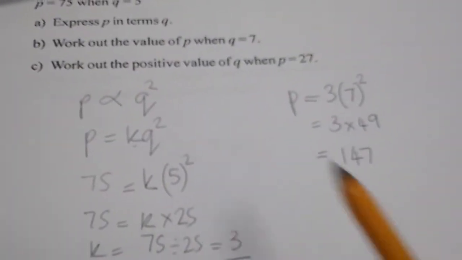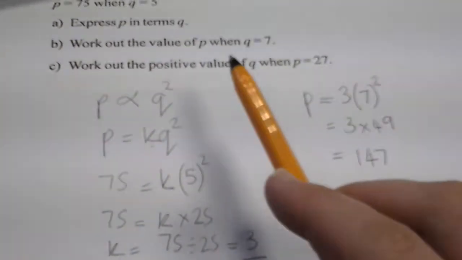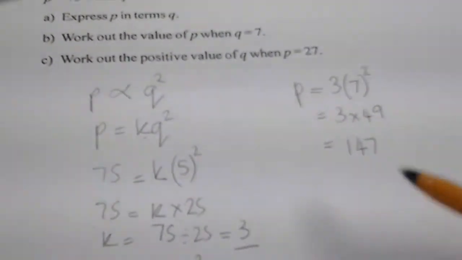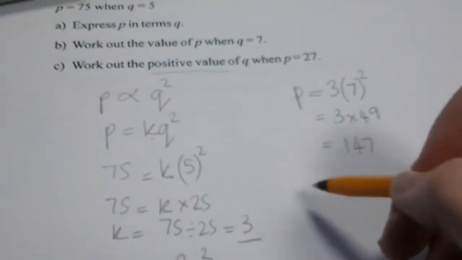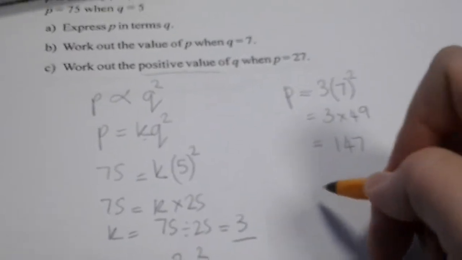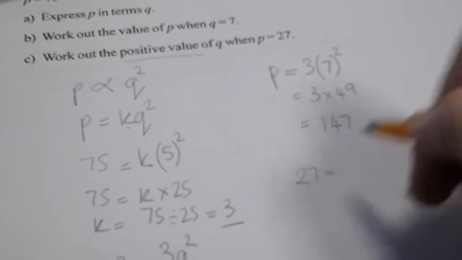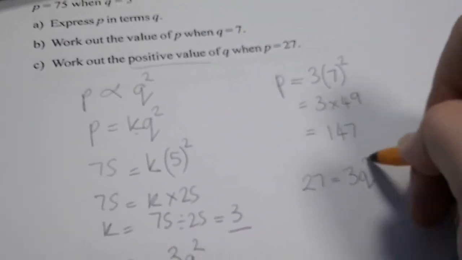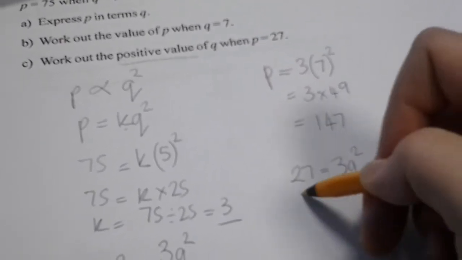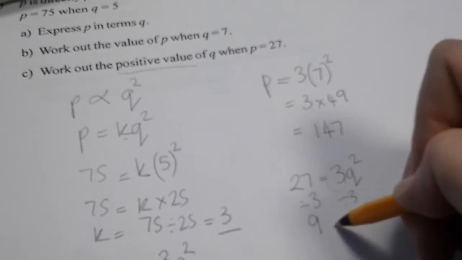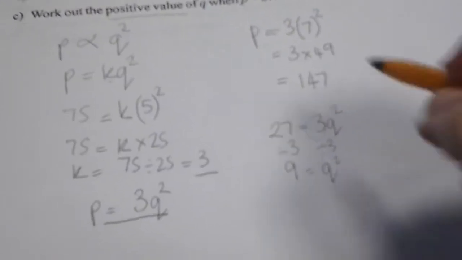And finally, for the last part, C, it says work out the positive value of q when p equals 27. Now this is quite an unusual phrasing, but we'll talk about that when we get there. So 27 is equal to 3q squared. So if I divide both sides by 3, I get 9 is equal to q squared.